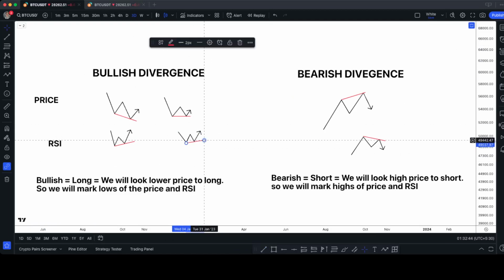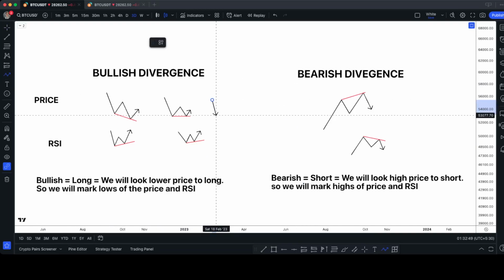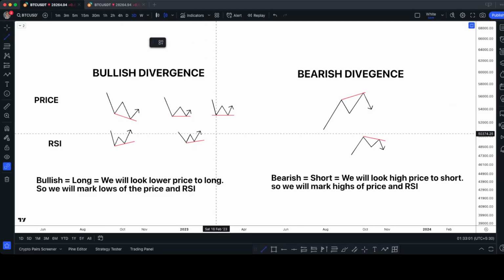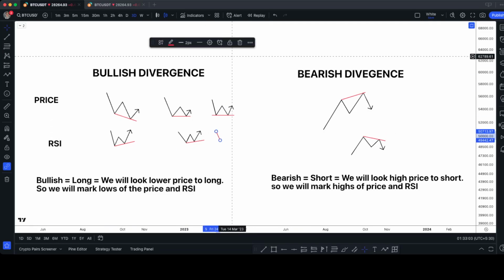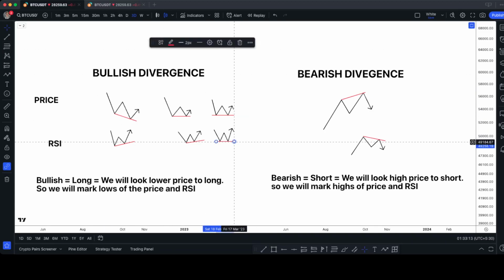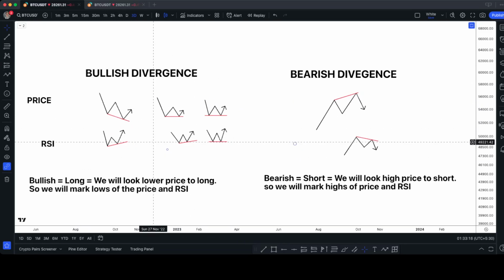This is also a bullish divergence, and if you see something like this, and on the chart at the same time you see something like this, so these three all are the bullish divergence.